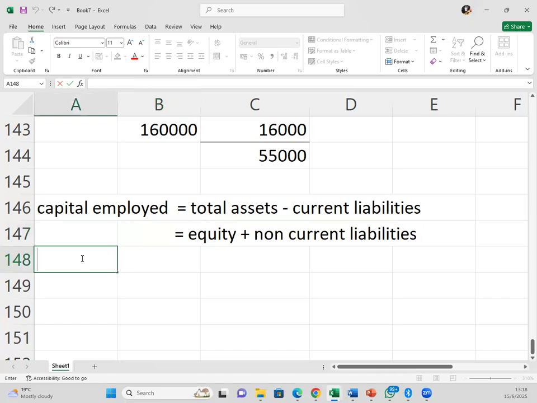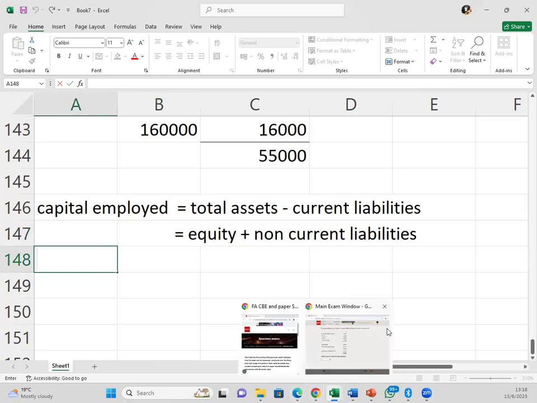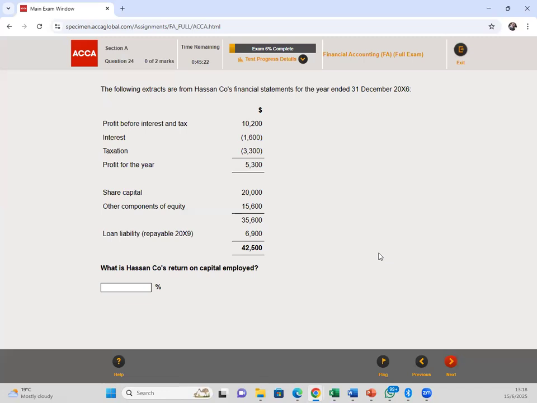May I have the answers, please? So as for the profit before tax and interest, we are given it's 10.2.